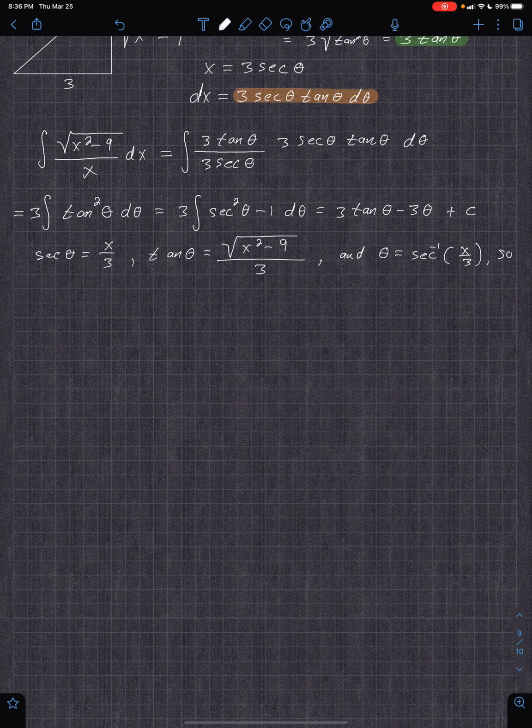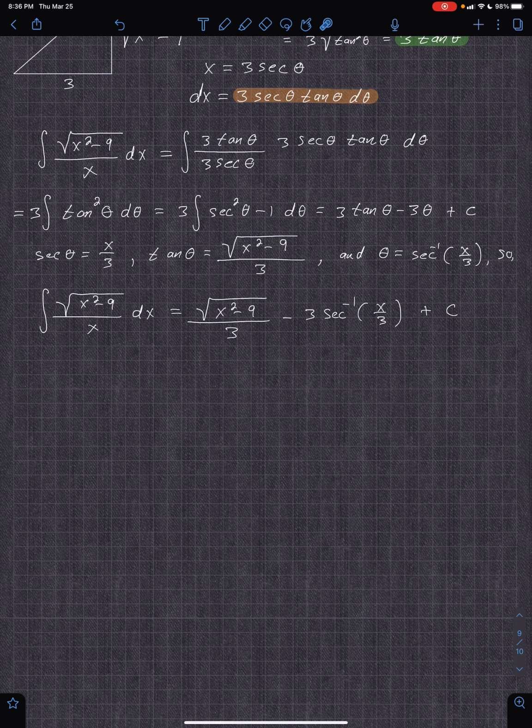So we have that the integral of the square root of x squared minus 9 over x dx is equal to, substituting back in, the root of x squared minus 9, minus 3 secant inverse of x over 3, plus c.